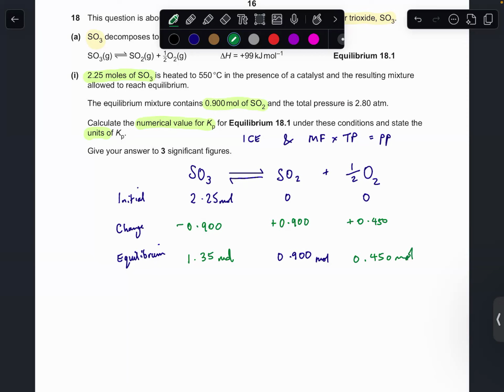Now let's work out the mole fraction. What is the mole fraction? It's the moles of the individual chemical in the equilibrium system divided by the total number of moles. So in this case, we've got 1.35. What is the total moles here? That's 2.25, 2.7 moles.